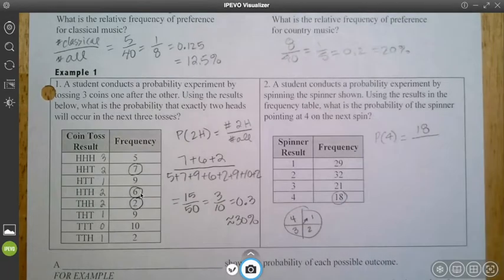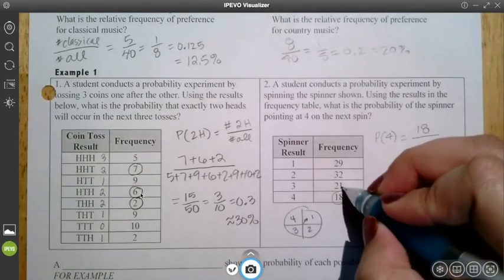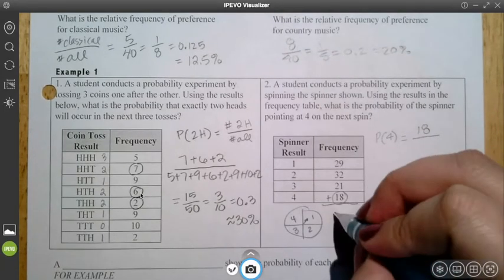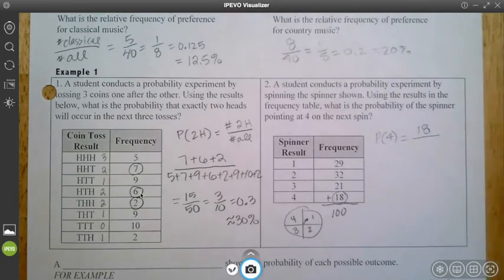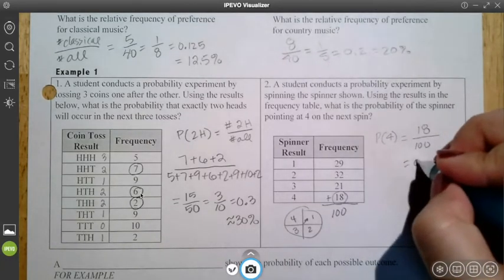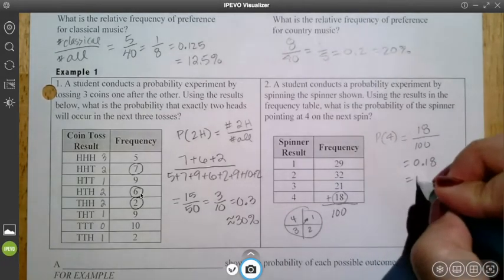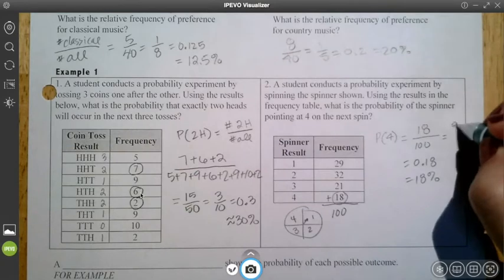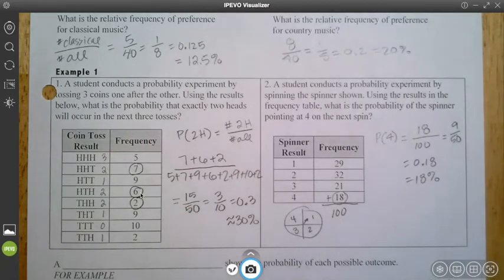How many were there total? 18 plus 21 plus 32 plus 29. If I add all of those together, we get 100. So 18 over 100 is 0.18, which is 18%. And I should simplify this as well, it is 9 over 50. Always simplify your fractions if it can be simplified.